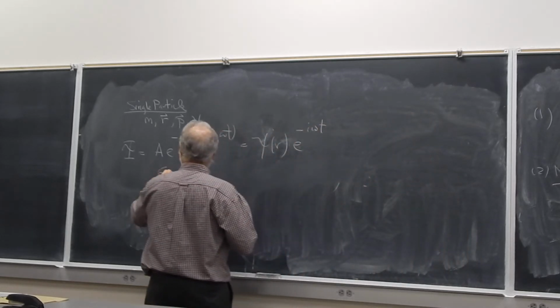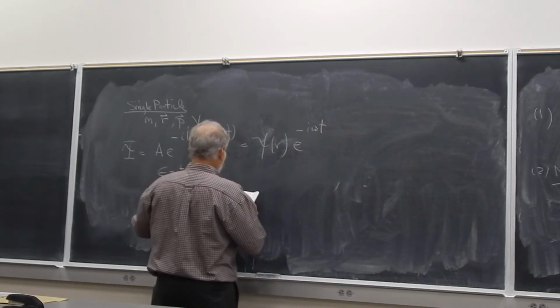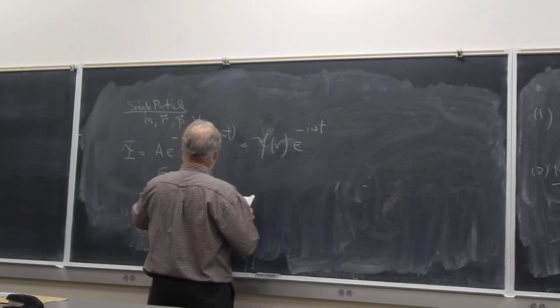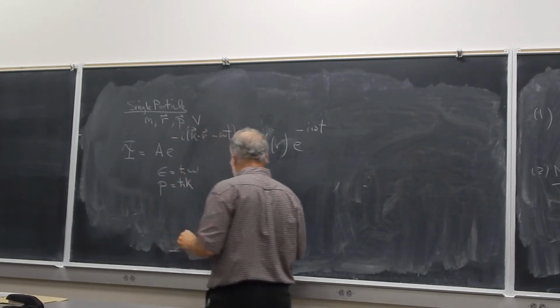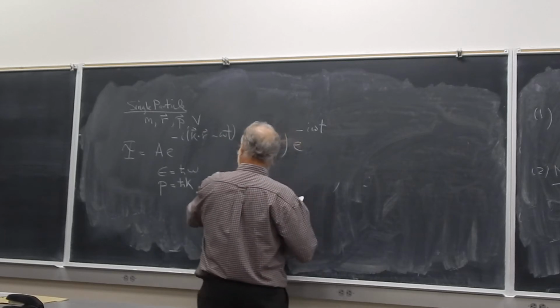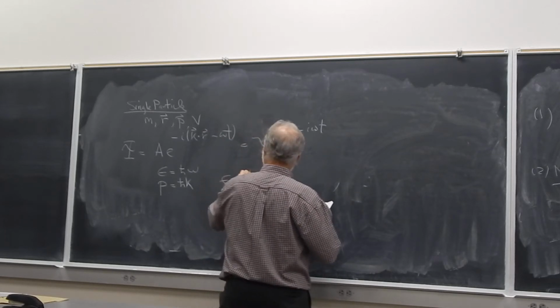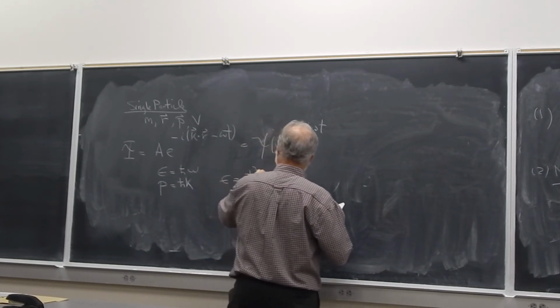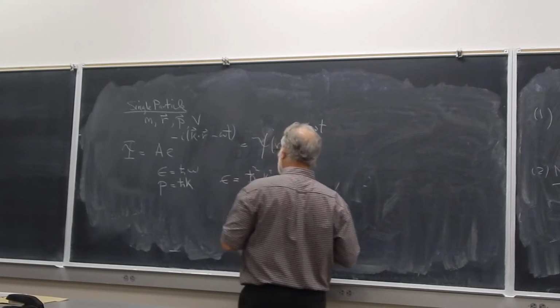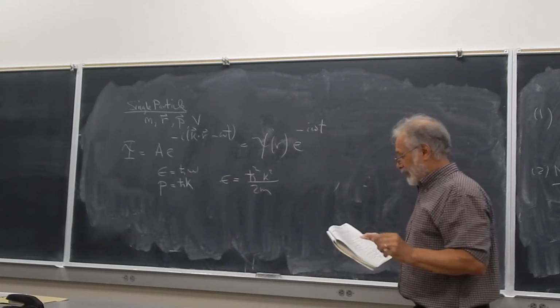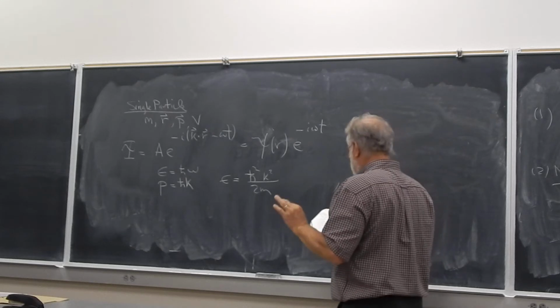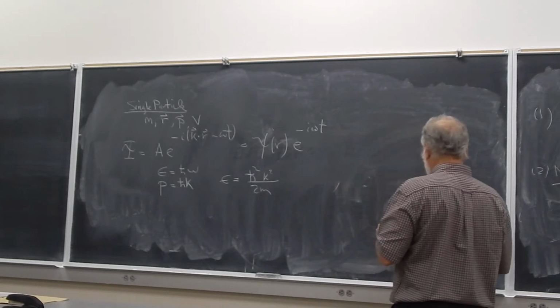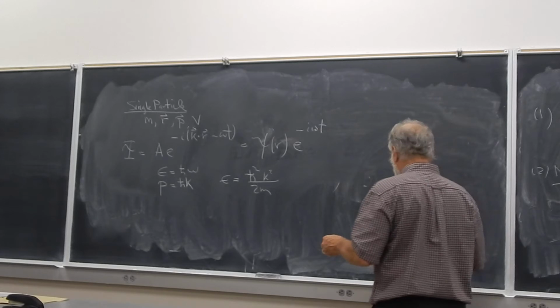Energy, of course, we can write as ħω. Momentum I can write as ħ times κ, the wave vector. So I can write my energy then as ħ²κ² over 2m. ħ, of course, is h over 2π. This comes from solving the Schrödinger equation for the free particle.